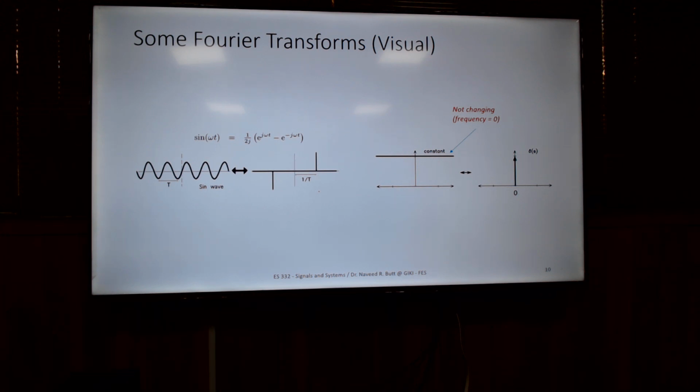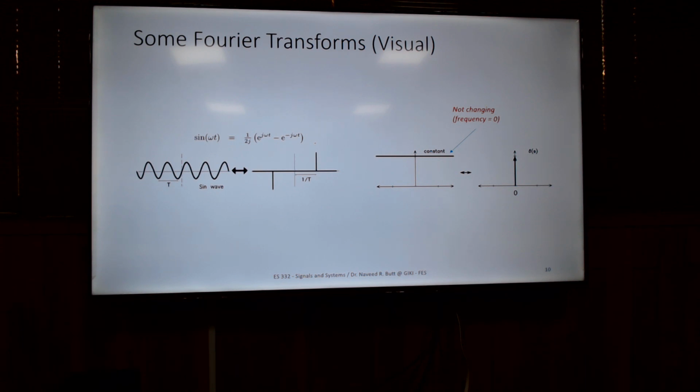By the mathematics we know that it is e^(j omega t) and e^(minus j omega t). So you need omega and minus omega, 2 of these. And why are the signs opposite? Because there is a minus here. For a cosine, Euler's identity says it's 1 by 2 times e^(j omega t) plus e^(minus j omega t). So you get 2 peaks like that.